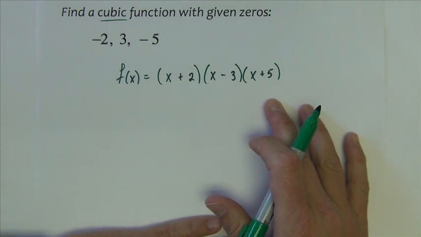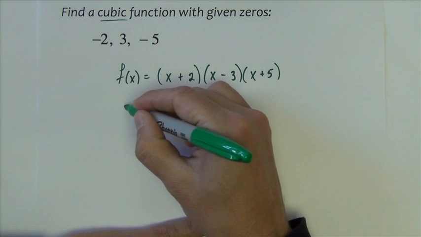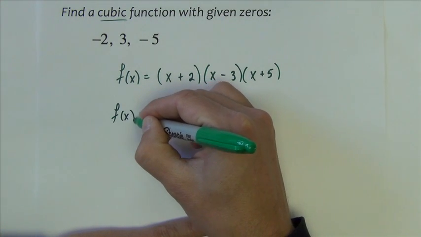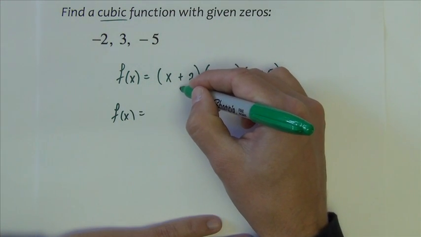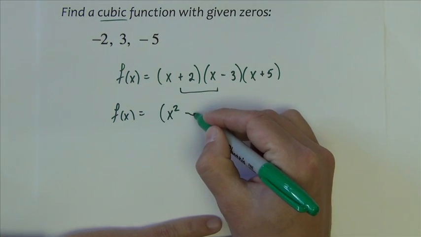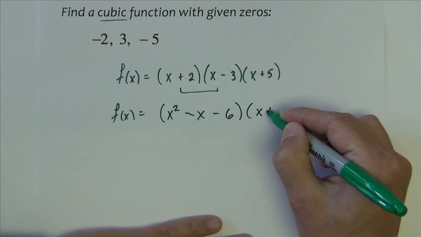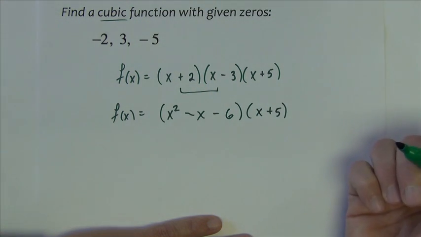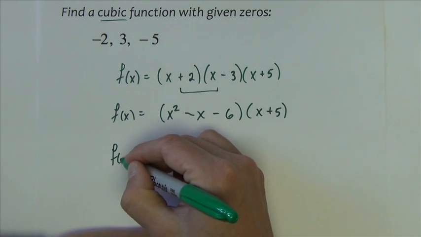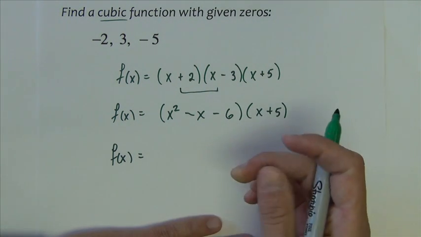That's what I want. Now, usually I'm after having you write it in standard form. Standard form would be to multiply this together. The first two FOIL together are x squared minus x minus 6, and then times x plus 5. And then we'd multiply these together. I'm going to skip some steps, but you fill in the work and see if you get this right.